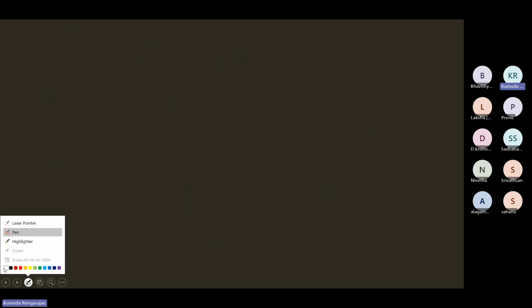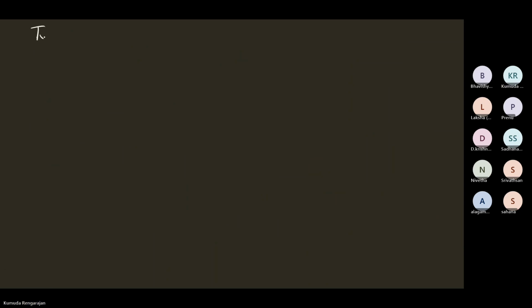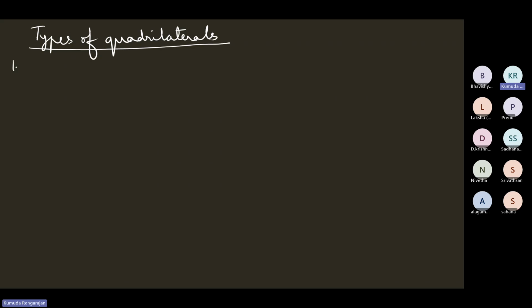Now talking about the types of quadrilaterals. So first we'll talk about kite.